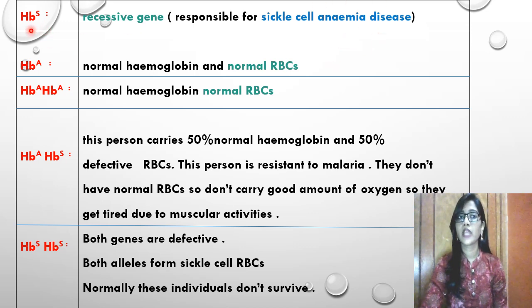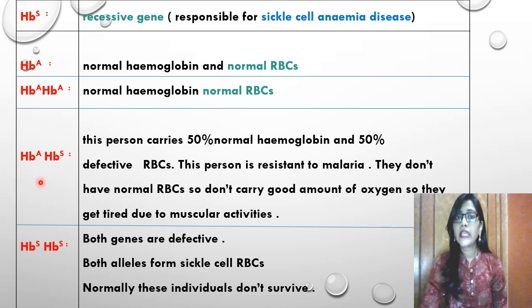See, try to understand, only one HbS is present, so it is recessive, so it will not get expressed, but that person will be a carrier. Well, in case of HbA, the normal hemoglobin, that person will carry normal hemoglobin and normal red blood cells. If the person carries HbA and HbA, that person will have normal hemoglobin and normal shape of red blood cells.